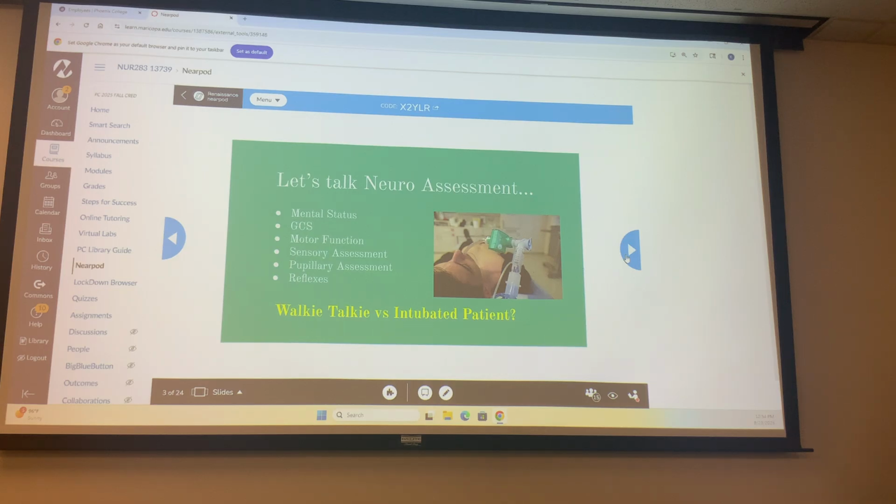I know, you're like, oh my God, more numbers. What do I need to know about that? Essentially, you just need to understand, are they at full strength, or are they weak? I usually say full strength is 5s. They move everything, they're totally intact, they're strong. And then if they're weak, I'm talking about, can they move against gravity, or are they flaccid? That's part of the motor function.